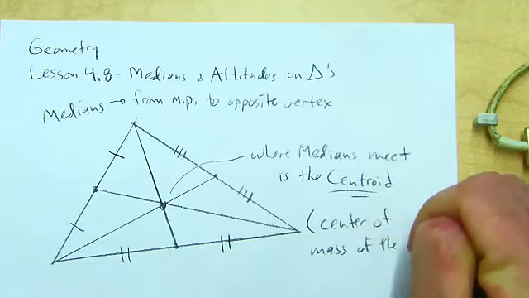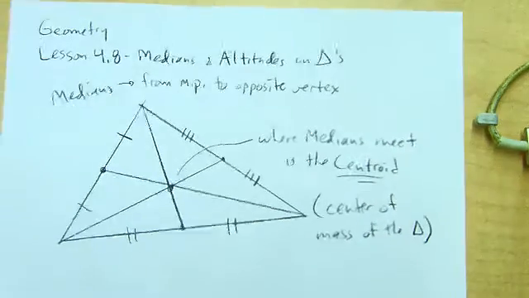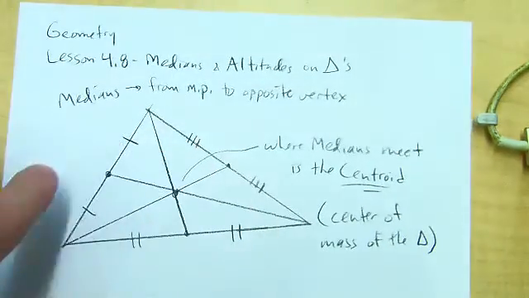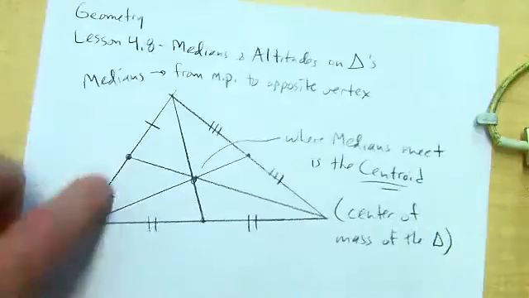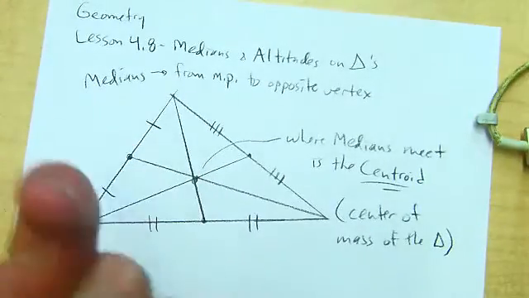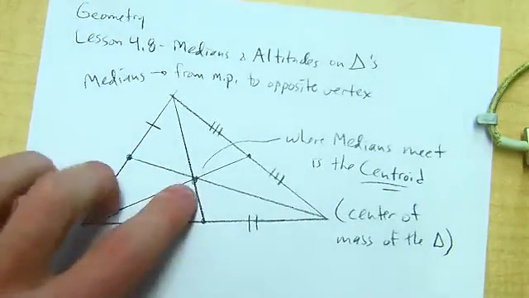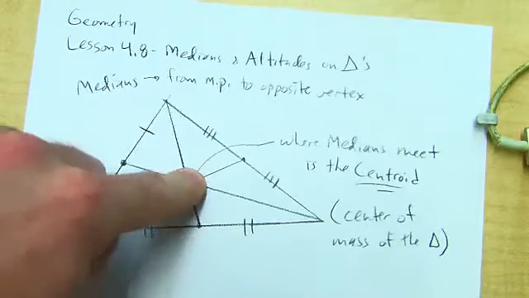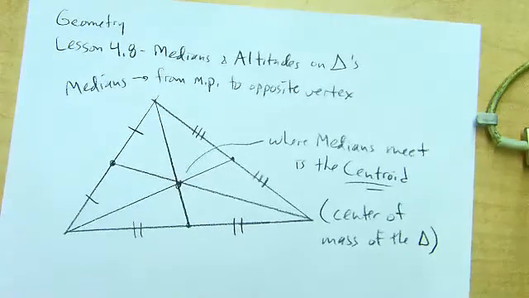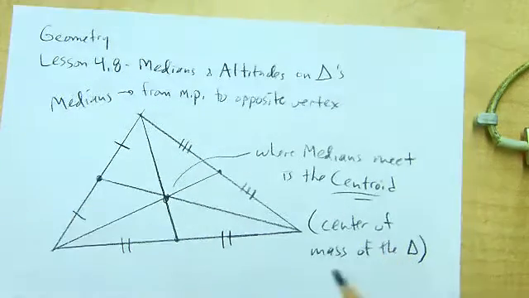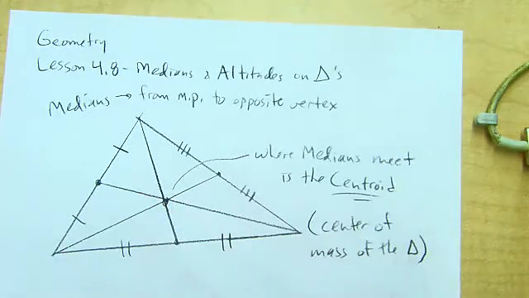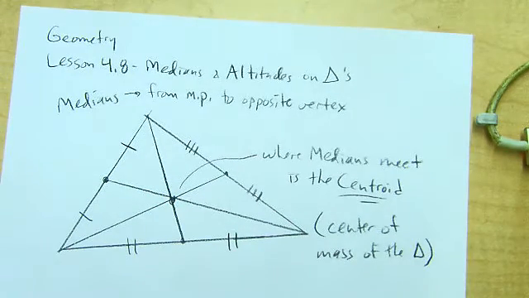Maybe you guys studied center of mass. So if I cut this out like it was a piece of cardboard and I put that point on my finger, it would balance at that point on my finger, if you can imagine that. If I held it upwards, it would balance there. It's the center of the mass of this. Okay, that works for a triangle, medians.